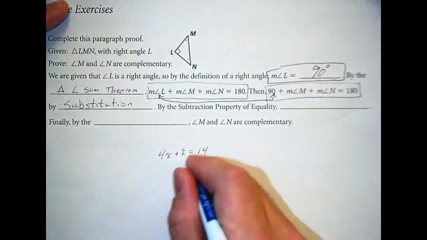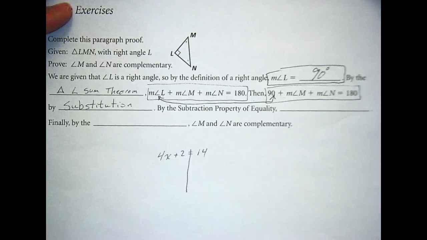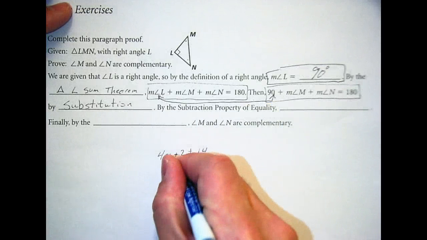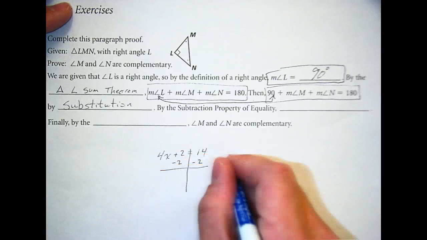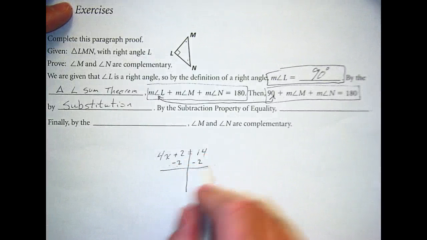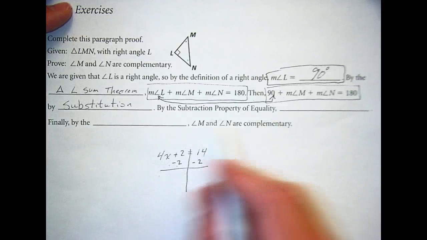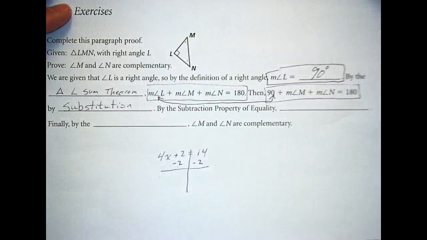You use the subtraction property of equality to solve it. How? Because whatever you do on one side, you do to the other side. So if you take away 2 from one side, you take away 2 from the other side. Good. So since you're subtracting something from each side, you're using the subtraction property of equality.